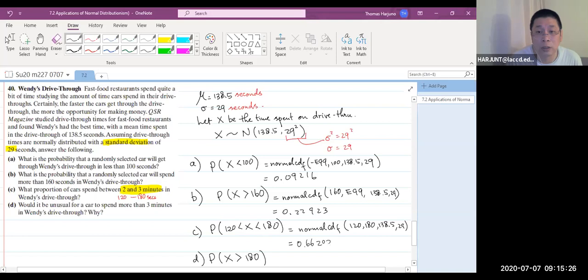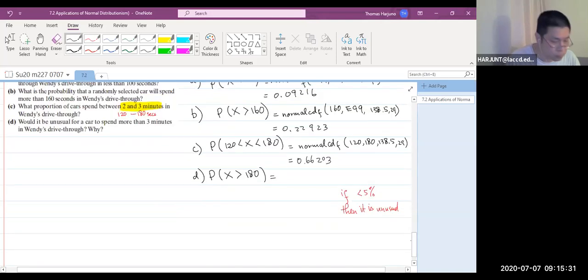And this one here, more than 180. Yeah, 0.07.